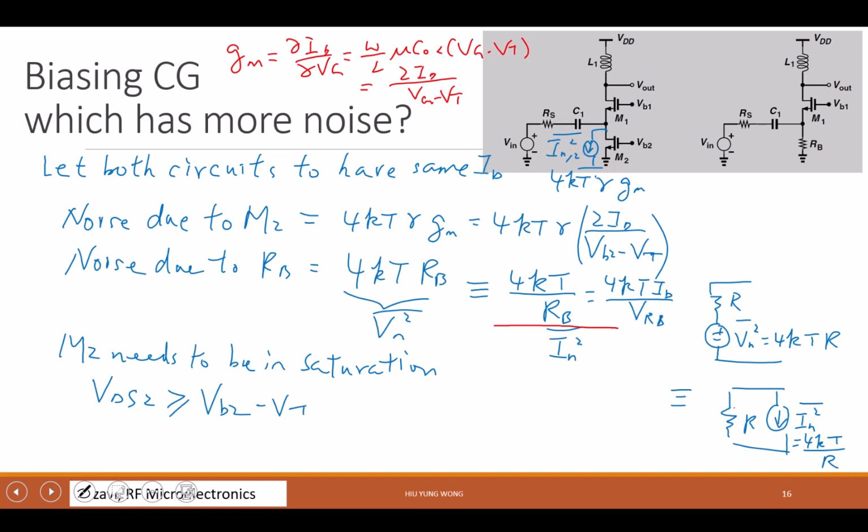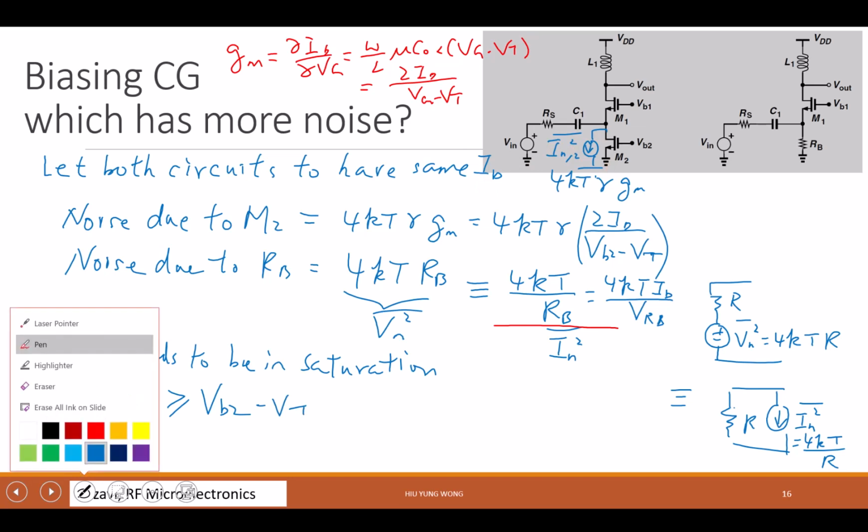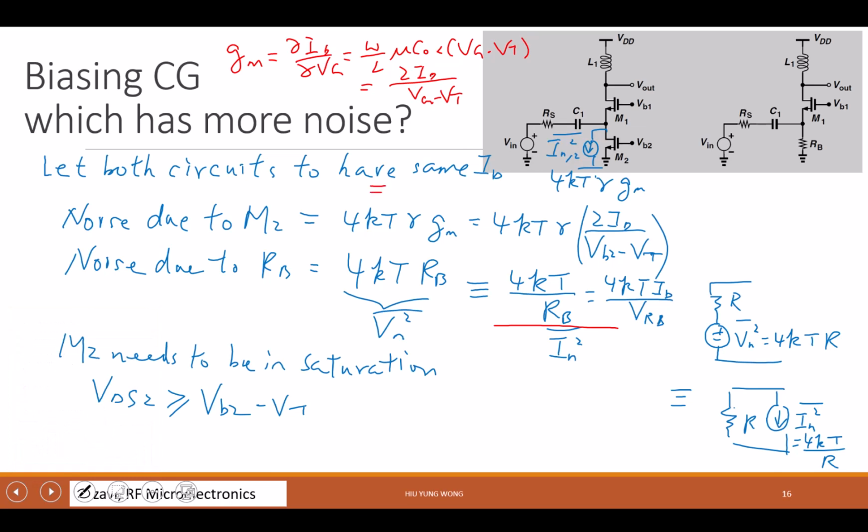Now, since we have the same current, of course, it also means that VDS2 must be equal to VRB, right? Because I say everything else is the same, so this potential needs to be equal to this potential.